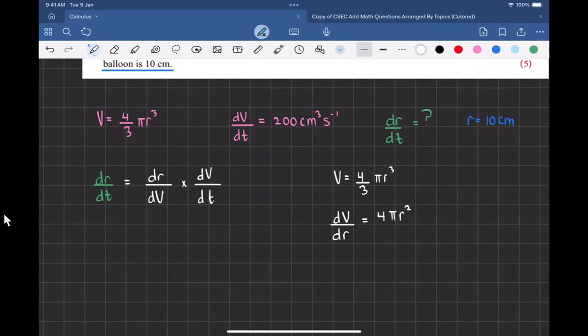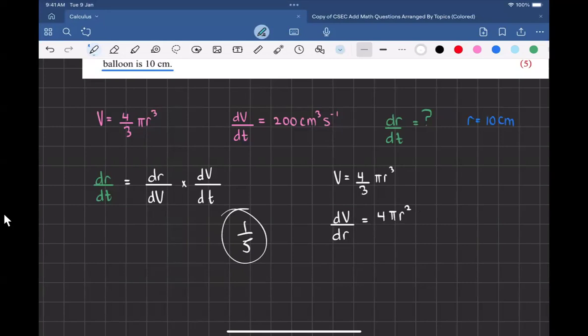Look at this carefully, right? That's DVDR. What do we need here? DRDV. It's simpler than you think. If I had 1 over 5, what would I do with 1 over 5 to make it 5 over 1?